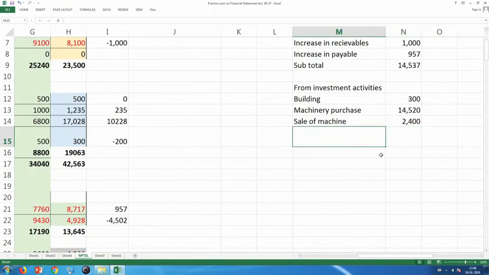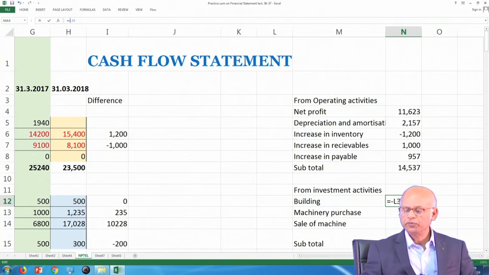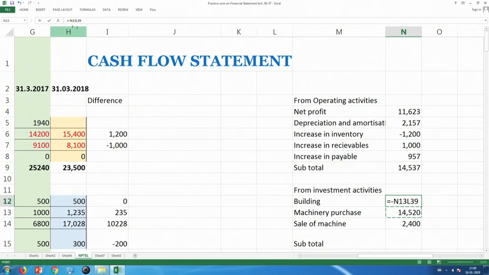So, the subtotal is, okay. We should actually consider the total building that we are acquiring as negative, because addition of building is happening. That means we have invested money to acquire the building. So, we should put a negative sign there.